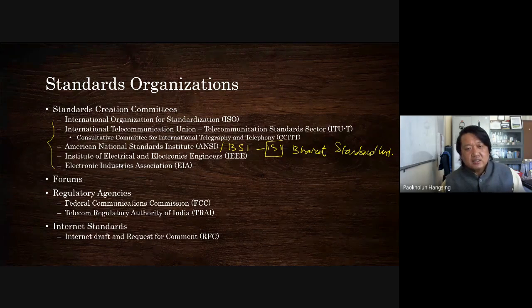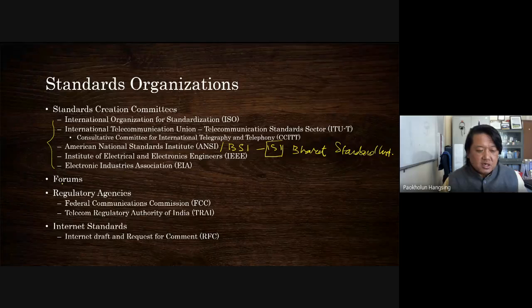Then besides these standard creation committees, we also have various forums. I have not mentioned any specific forums because there are so many forums. Standard committees are procedural bodies and by nature slow moving. Okay, they are slow because they have to follow certain procedures. So to accommodate the need for working models and agreements and to facilitate the standardization process, many special interest groups have developed their own forums made up of representatives from different interest groups.